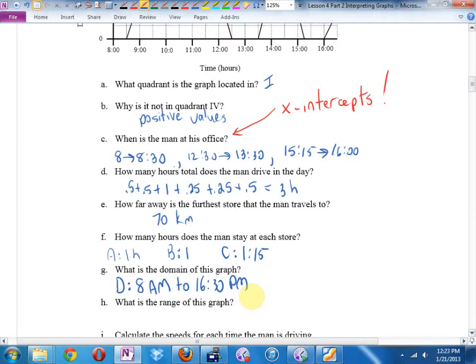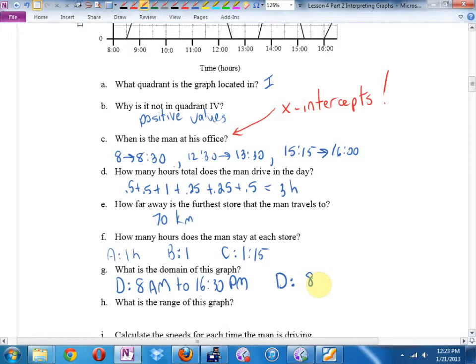Sadly, the way we write it in math, it's great. It's short. It's a little scary. It's short, though. We say this. Domain. What's the smallest time value, the x-axis value that appears on this graph? Leave a space.